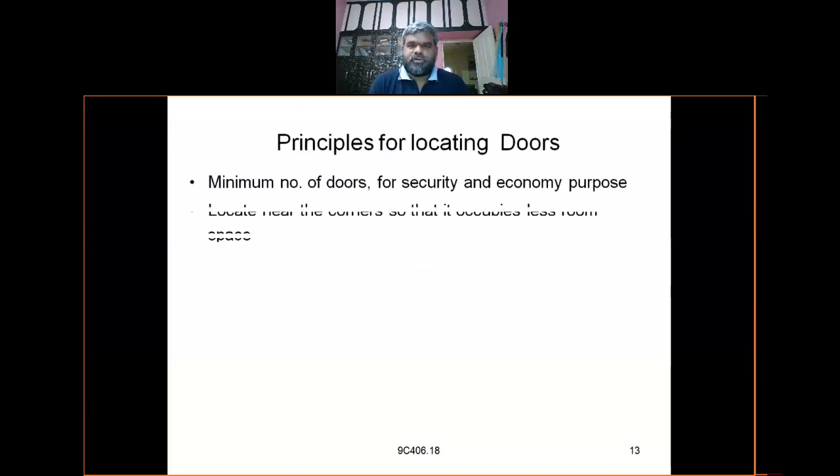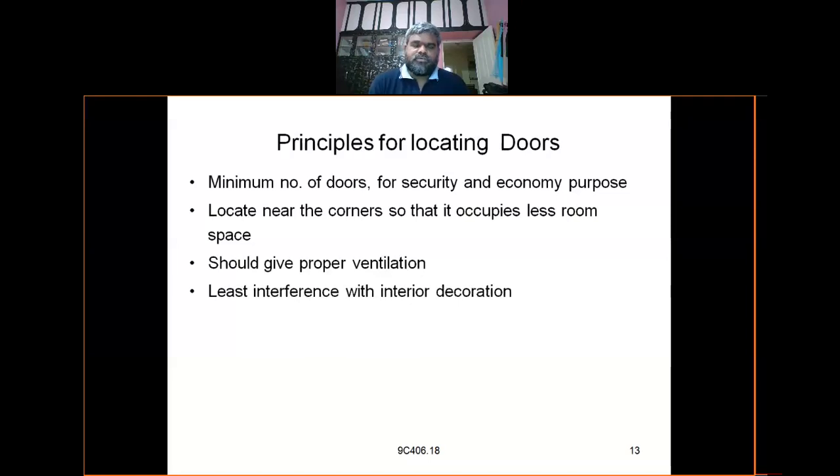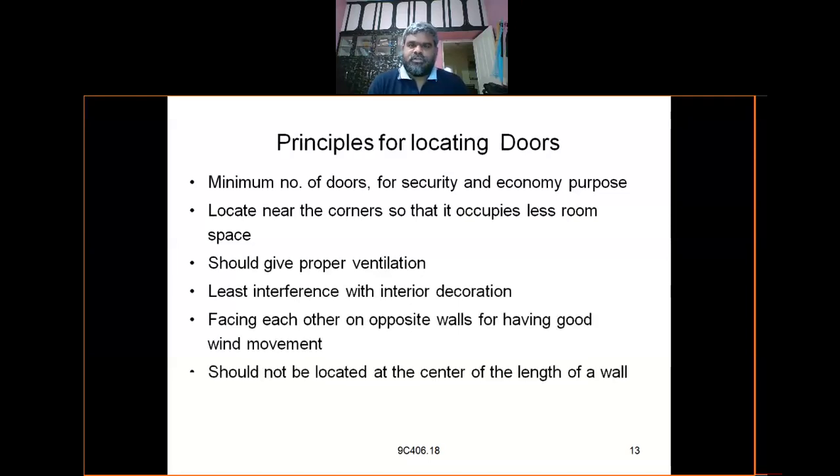So the principles of locating doors are important. There should be a minimum number of doors for security and economy purposes. The doors should be located near the corners so that they occupy less room space, right? If a door is located in the middle of the wall, the space will not be useful. So the door should be located near the corner of the wall so that it occupies less room space.